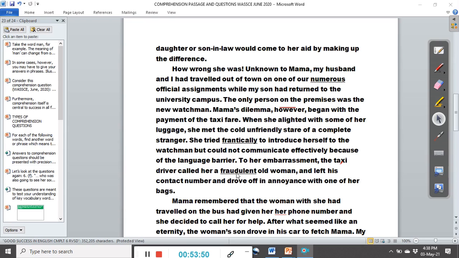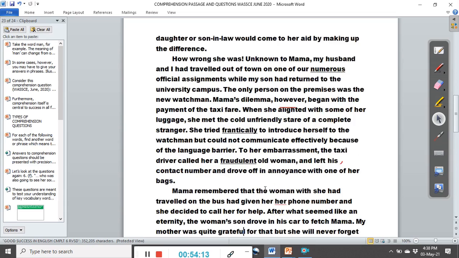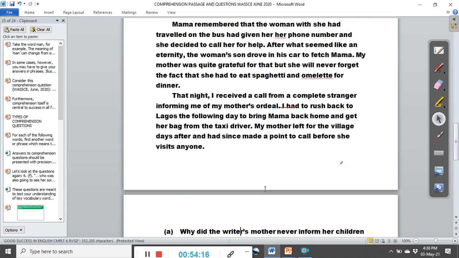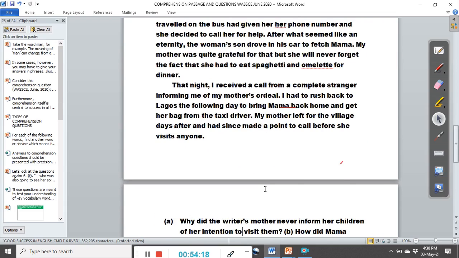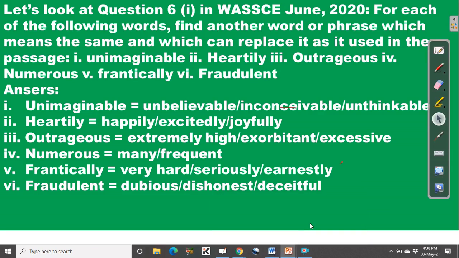That was the reason the taxi driver called her a fraudulent old woman. Sometimes, even when you do not know the exact meaning of a word used in a passage, you can contextualize. That will give you an idea as to what the meaning could be, and you can figure out the replacement. So these are the various techniques that you need to use to try and figure out the meanings of words.